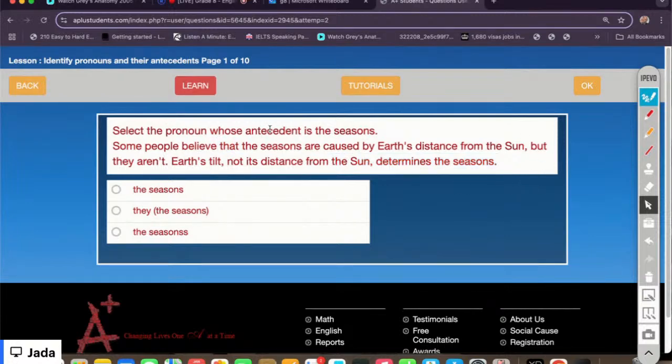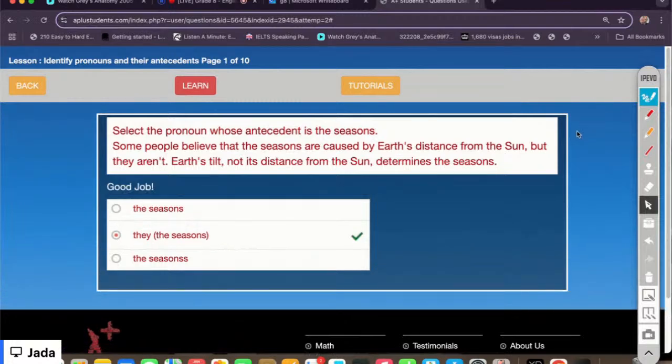Select the pronoun whose antecedent is the seasons. So what is this one? They. Okay.